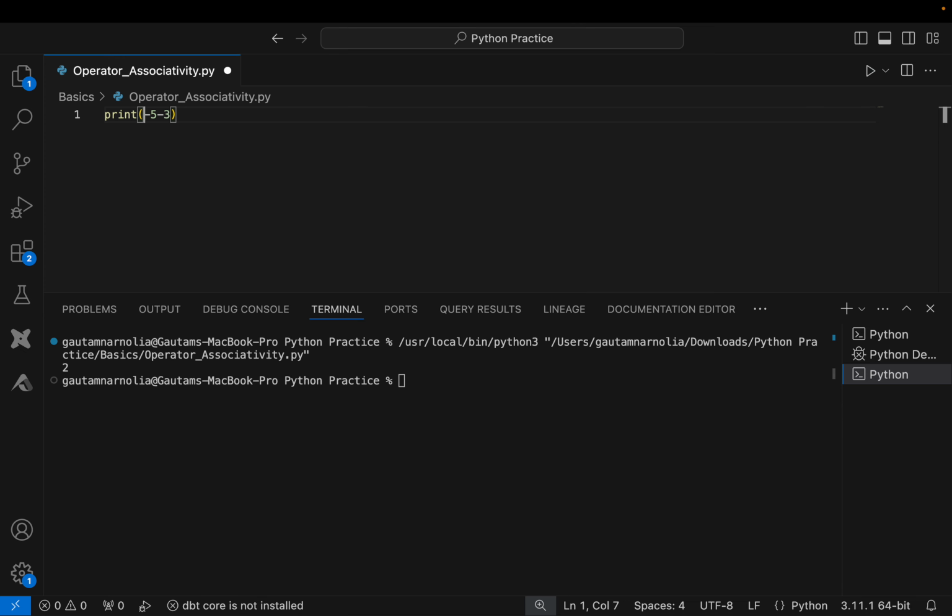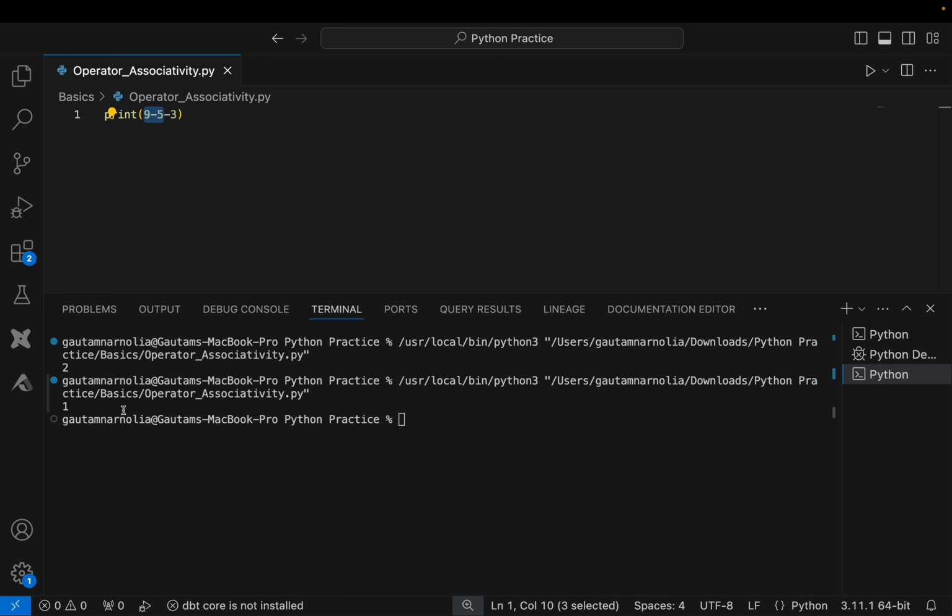Let me change it: 9 minus 5, which is 4, then 4 minus 3 means 1. So here subtraction is evaluated from left to right, not from right to left. This is an operator which works from left to right.